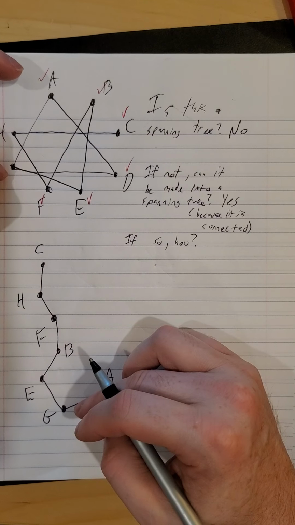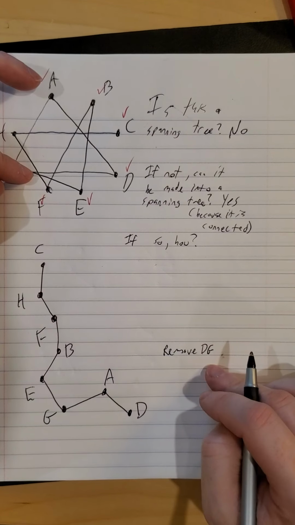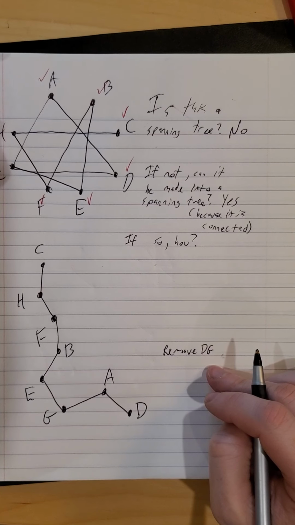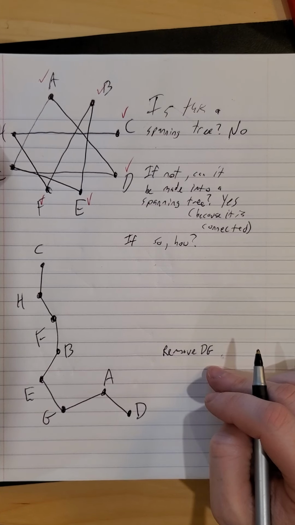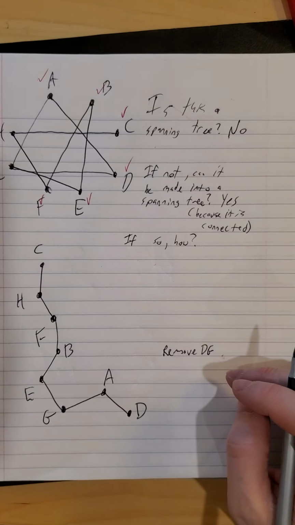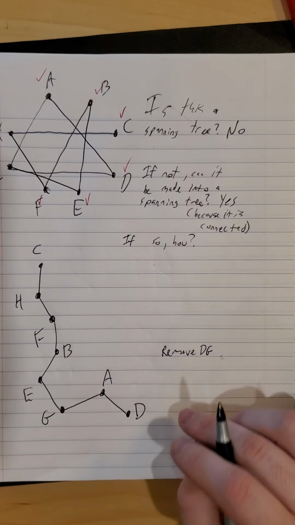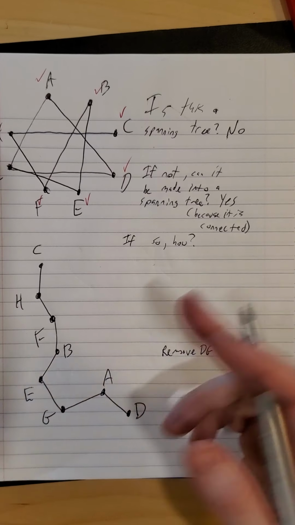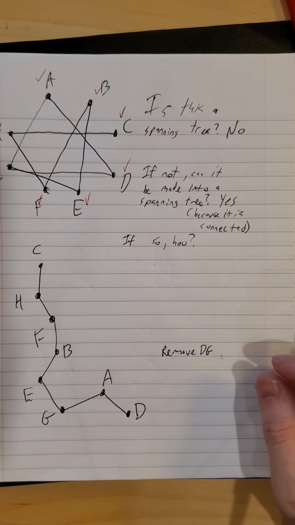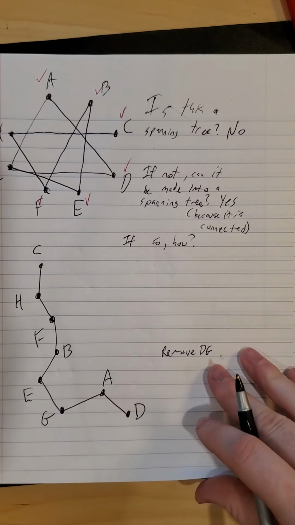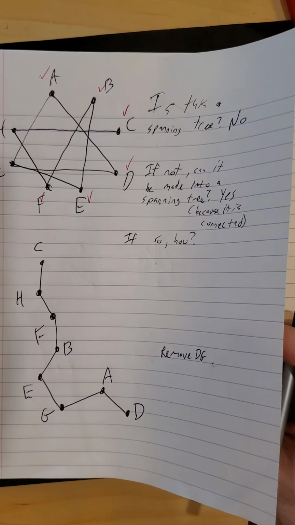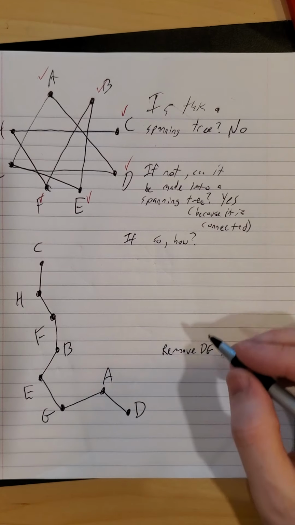G went from degree 3 to degree 2. We accounted for that there. And H is still degree 2. So let's see. And D is down to degree 1 from degree 2. G is degree 2 from degree 3. Okay. So on that one, we only removed one edge and created a spanning tree.